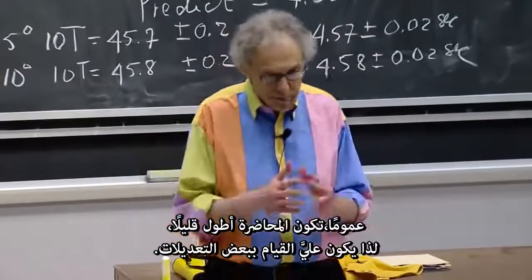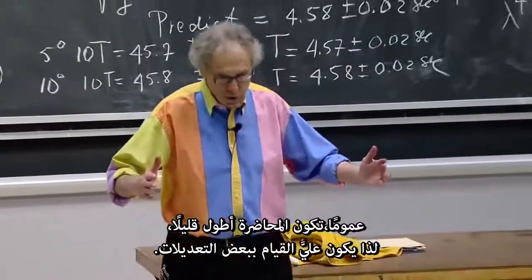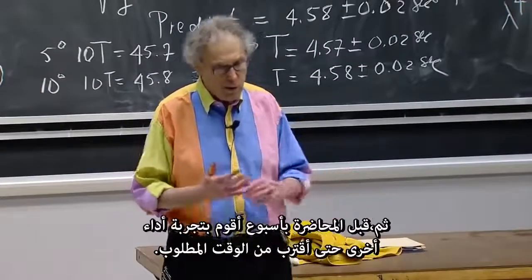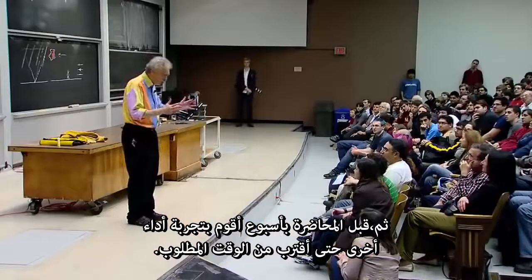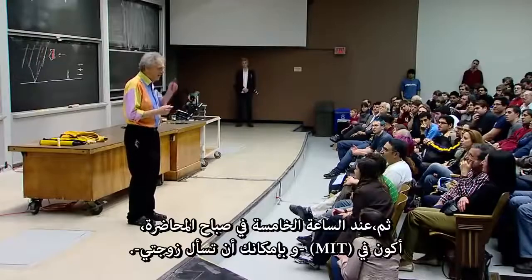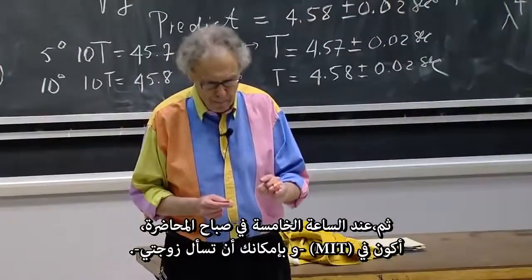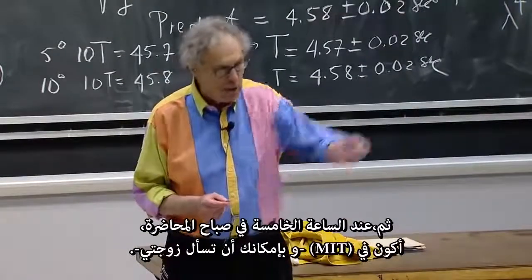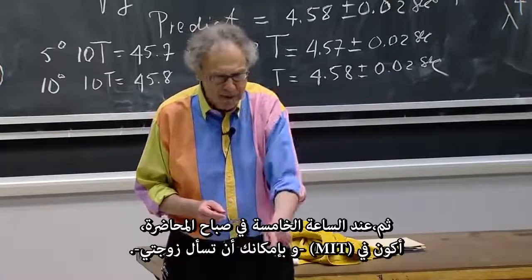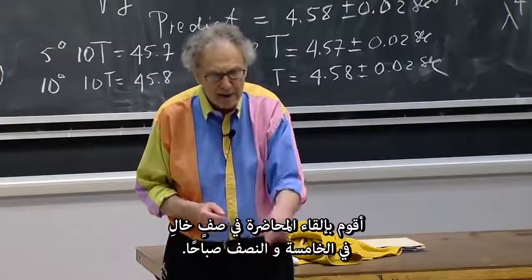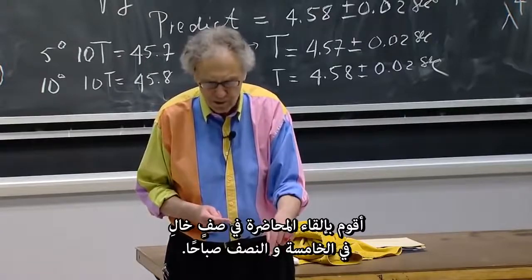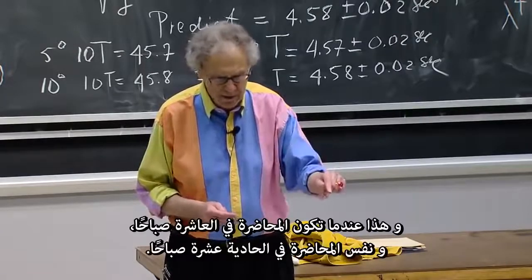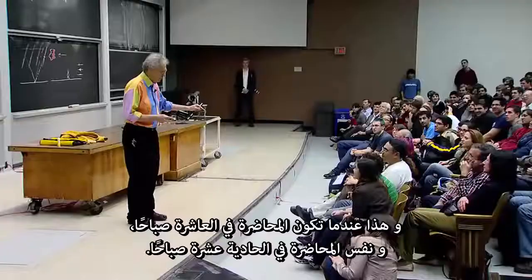In general, the lecture is then a little bit too long, so I have to do some surgery. Then 1 week before the lecture, I dry run again. Then I'm very close to the time. And then at 5 a.m. of the morning of the lecture, you can ask my wife, I am at MIT, and I give the same lecture, dry run for an empty classroom at 5:30 in the morning, when the lecture is at 10 and the same lecture is at 11.